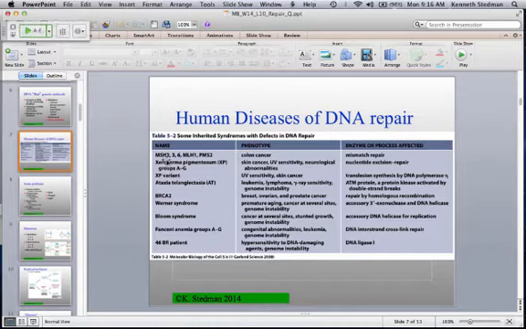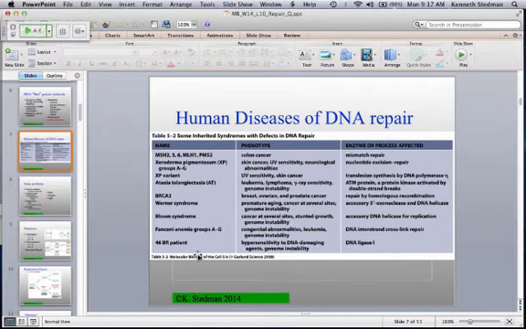Yeah, so human diseases of DNA repair. So again, above and beyond the aging and cancer, there are a number of inherited diseases that we know are really problematic. And these, as it turns out, are diseases where patients, this is human patients now, have problems in a number of different genes, be they mismatch repair, nucleotide excision repair, translesion synthesis, et cetera.